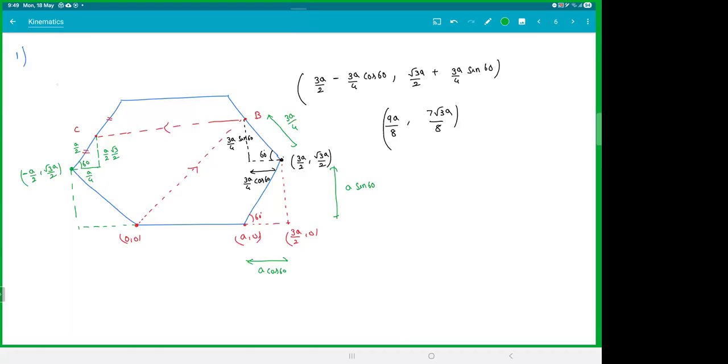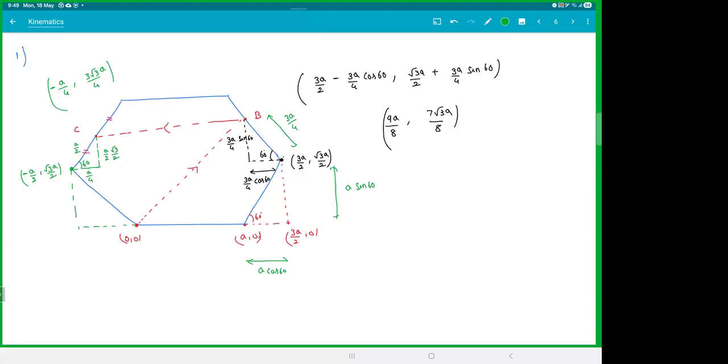So this coordinates would be minus a by 4, comma root 3 a by 2, 1 plus half, 3 root 3 a by 8. 3 root 3 by 4. There, that's your C's coordinates.